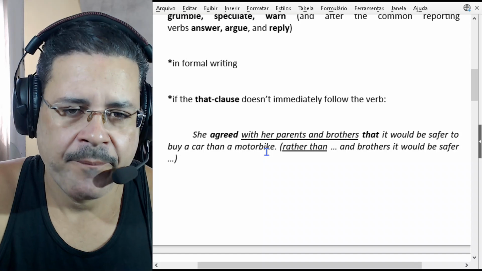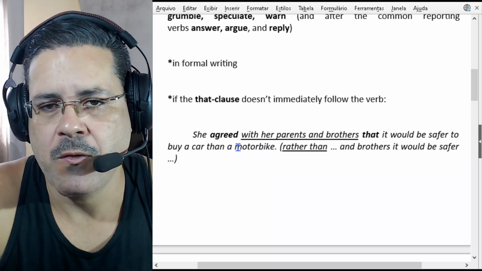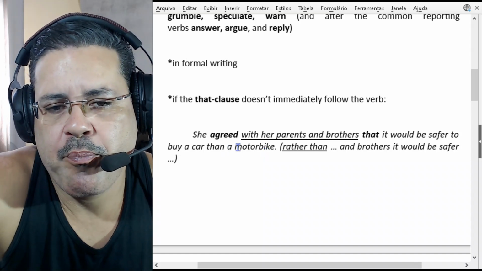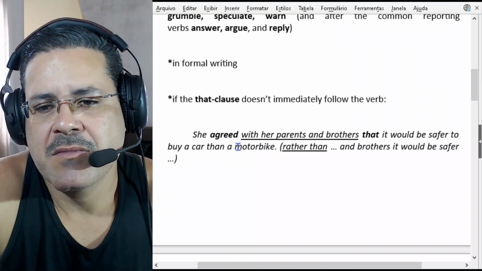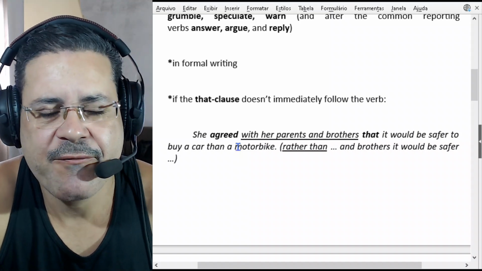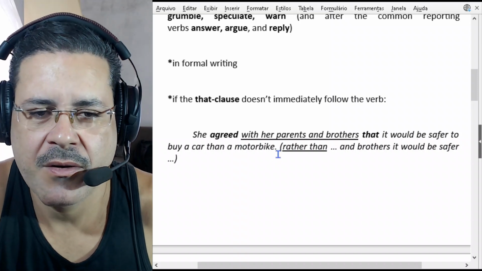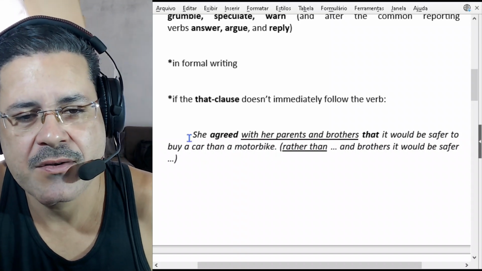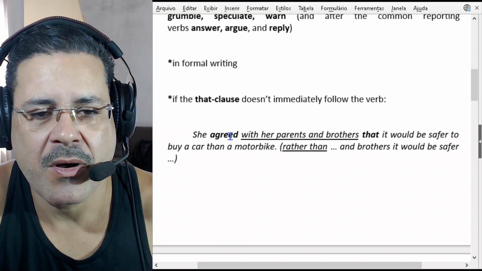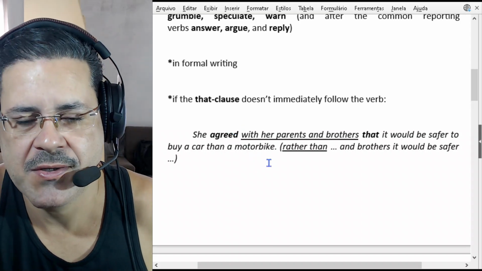She was like, I agree with my parents and brothers that it would be safer to buy a car than a motorbike. Or she might also answer, for example, asked about her choices.